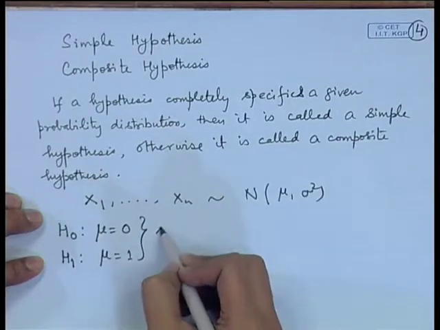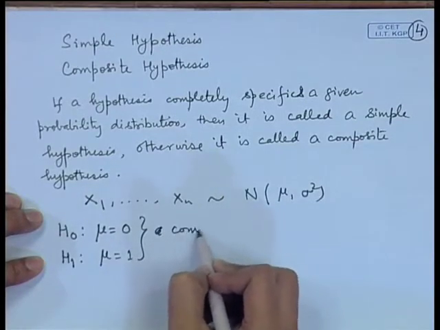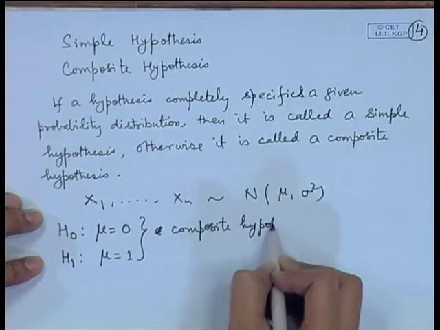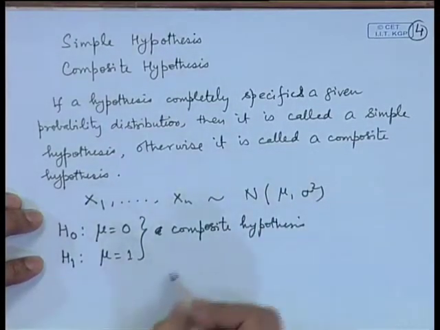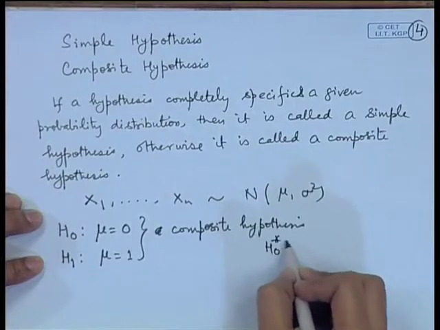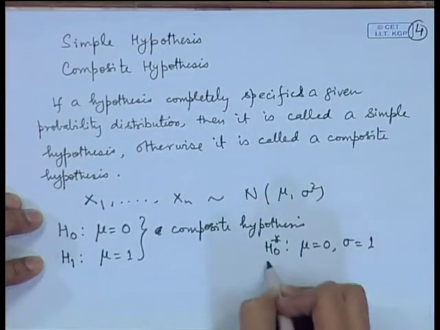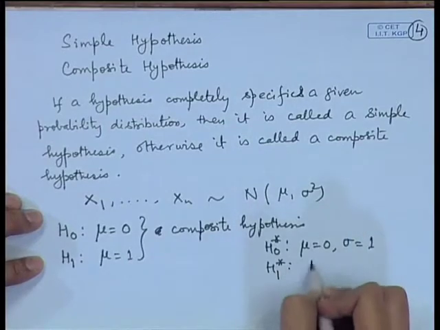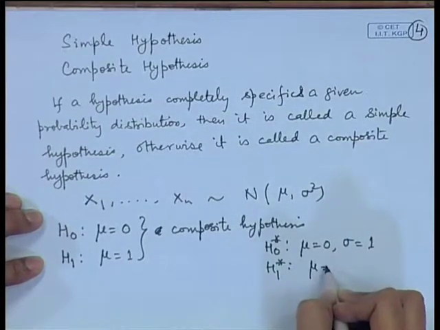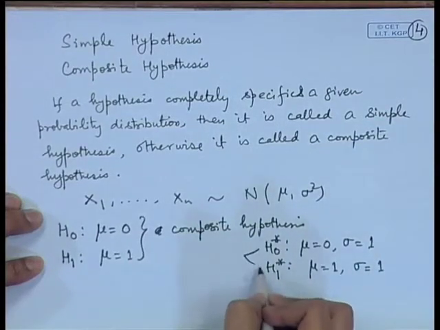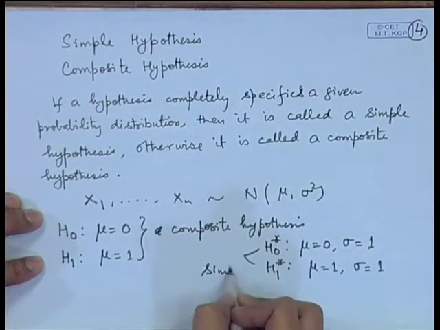So, these are composite hypotheses. But suppose I write H naught star: mu is equal to 0, sigma is equal to 1 against H 1 star: mu is equal to 1 and sigma is equal to 1, then these are simple hypotheses.